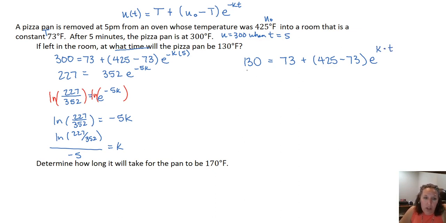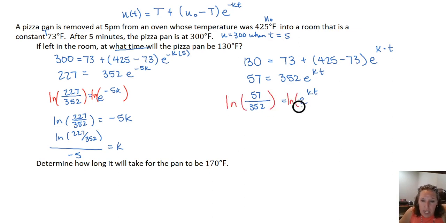All right, so 130 minus 73 gives us 57. We still have that 352 inside the parentheses. We can divide both sides by that 352. And then just like we saw on the previous part, we're going to take the natural log to get that exponent down.